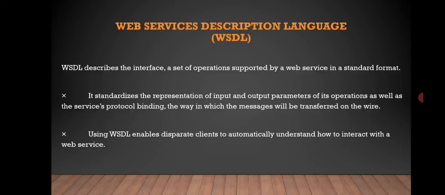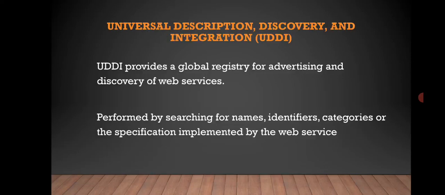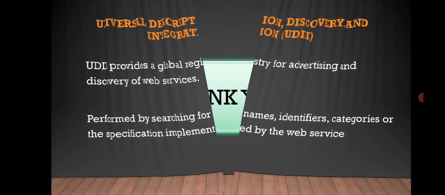Using WSDL enables disparate clients to automatically understand how to interact with the web service. UDDI provides a global registry for advertising and discovery of web services, performed by searching the names, identifiers, categories, or the specification implemented by the web service.